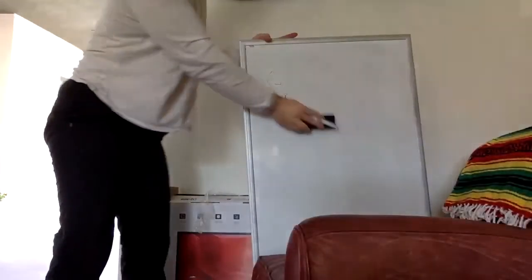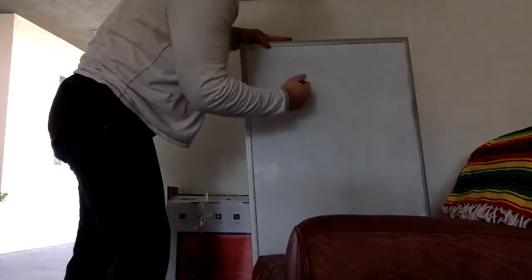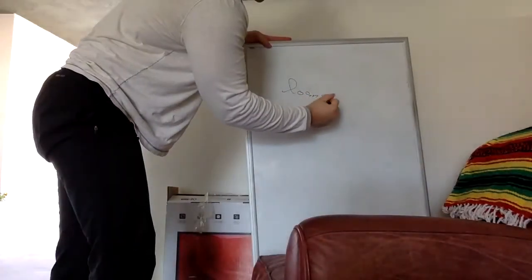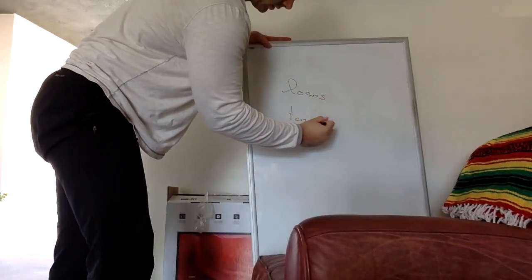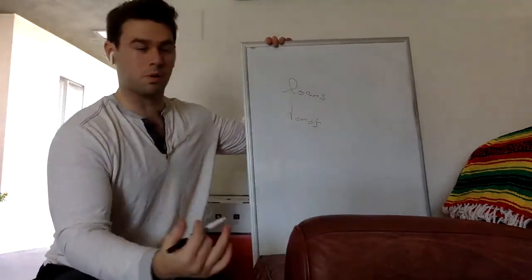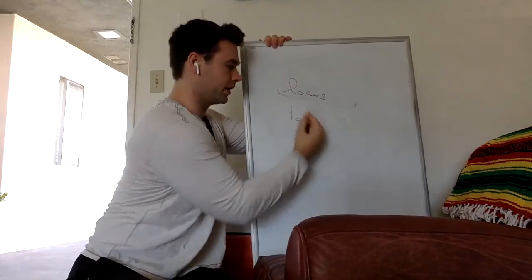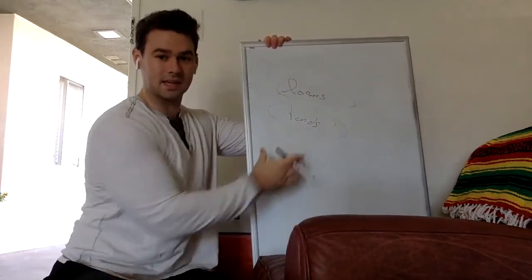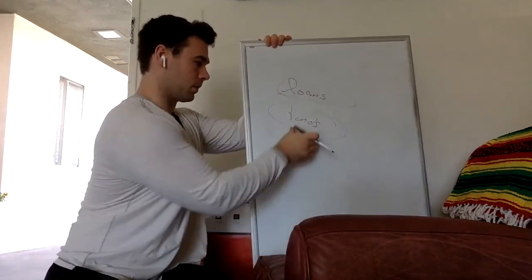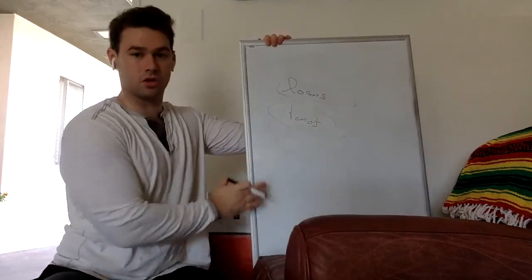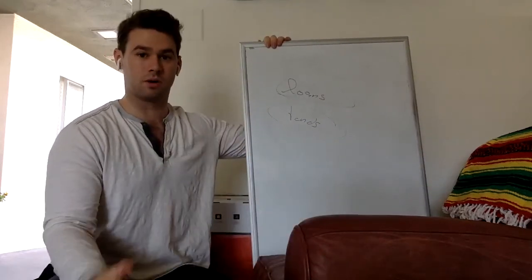Then we got to loans and then bonds, which are pretty much summing up the annuities and our time value. Loans are mostly annuities, and bonds are annuities and time value of money.